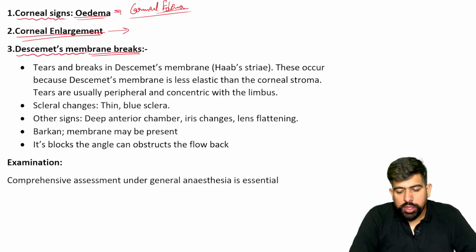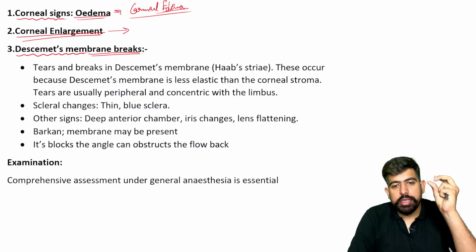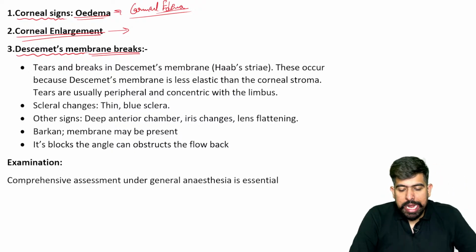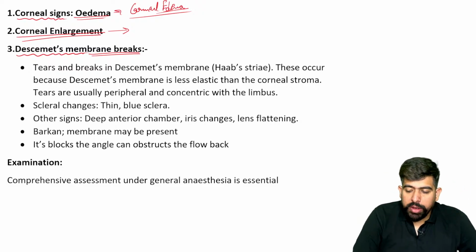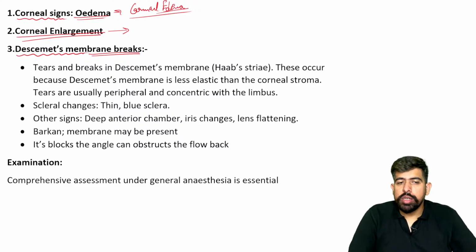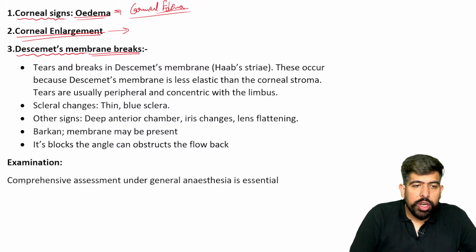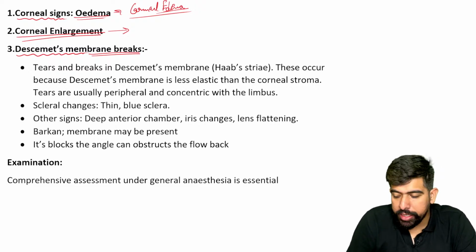In keratoconus we saw that the curvature was increasing, and due to the increase in curvature, what was seen? We saw there also that the Descemet membrane was getting tears, breakage, or stretch marks. The same thing is happening here also.